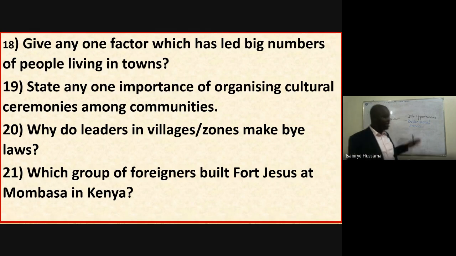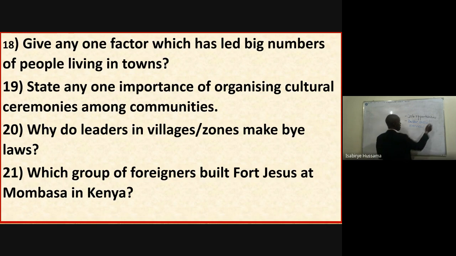So what is all this about? Migration. What brings a big number in towns is that people migrate from different areas and come to towns. What attracts them in towns? Number one, we said job opportunities, and it's a fact. Then number two, we have better social services, which is also very correct.